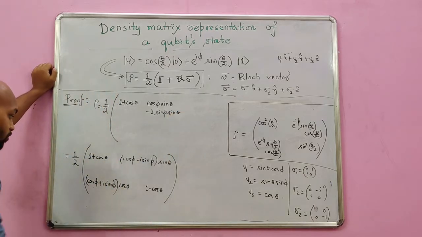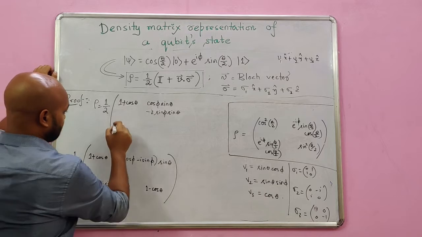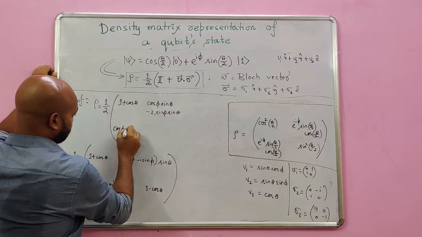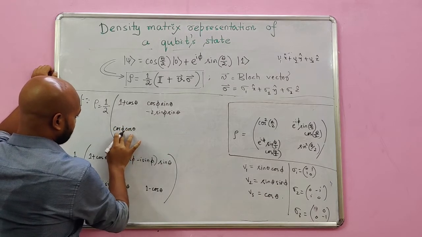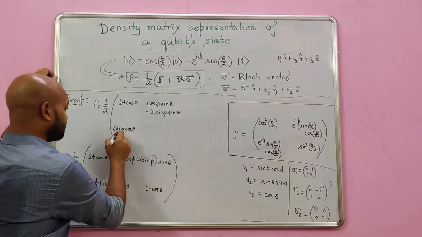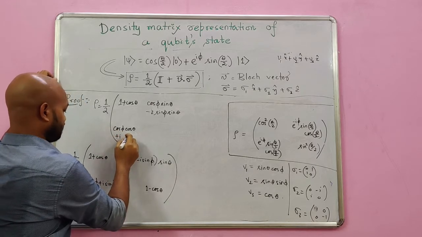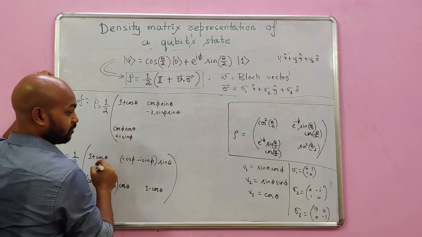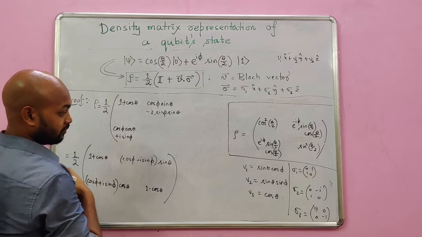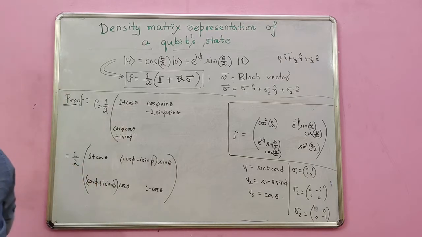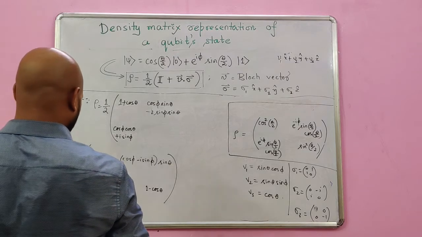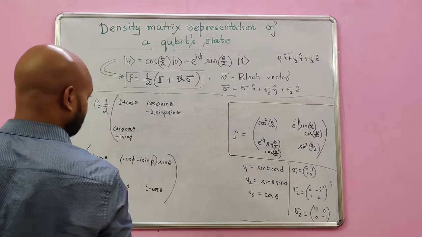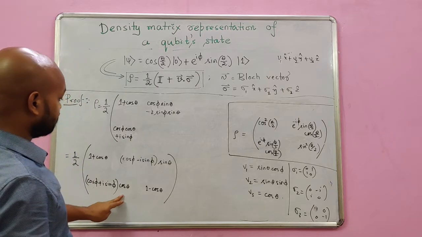Alright, here I get cos phi cos theta plus i of sin phi cos theta, sin phi cos theta.